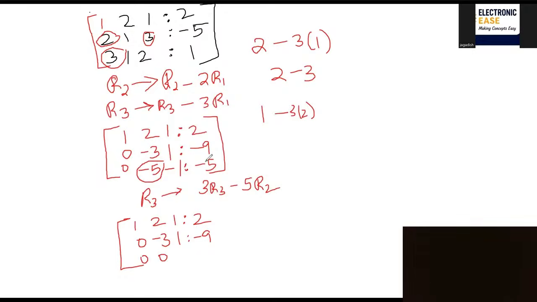So what is this? 3 into minus 1, minus 5 into R2. What is R2, students, here? It is minus 3. Minus 5 into R2, and 3 into R3, 3 into minus 5.